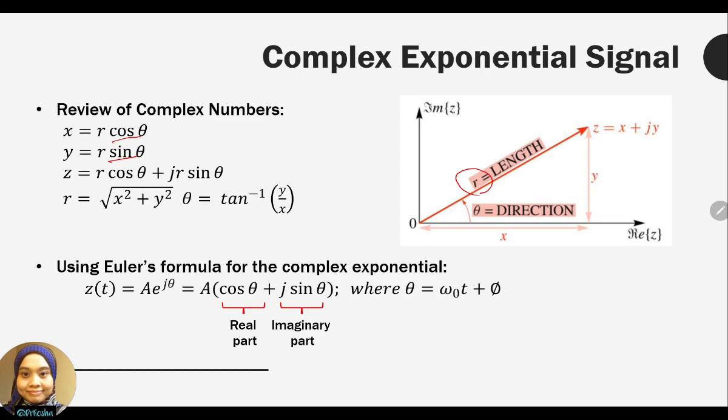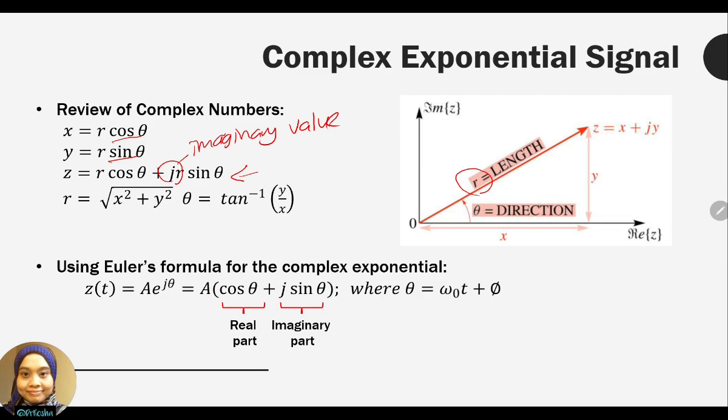Okay, so z is actually the combination or summation of x and y, using this equation with j. So this j is actually what we call the imaginary value.